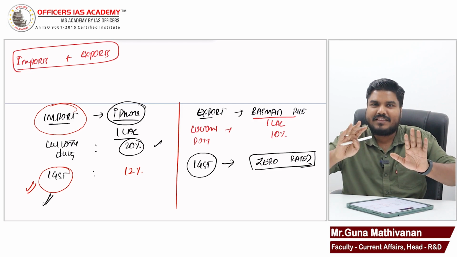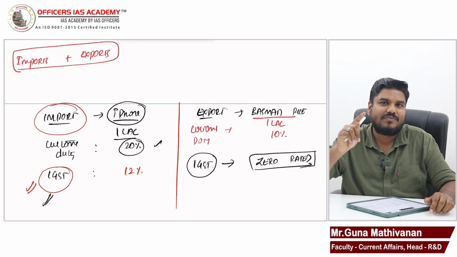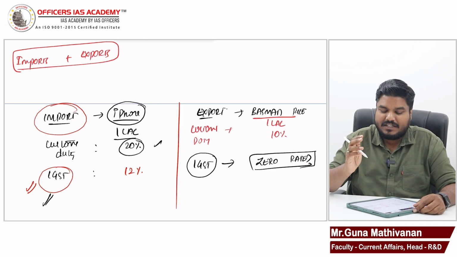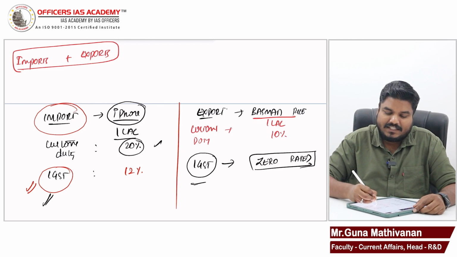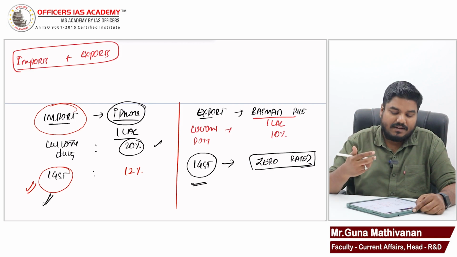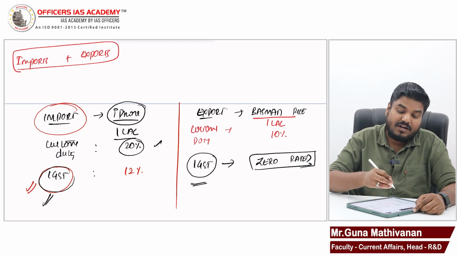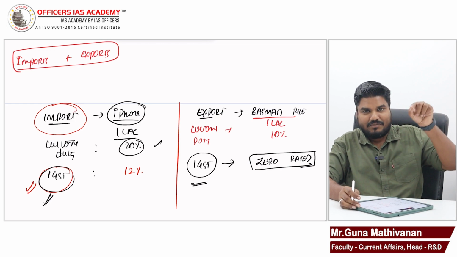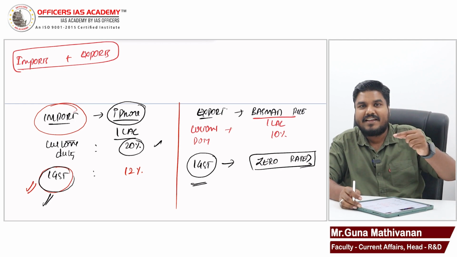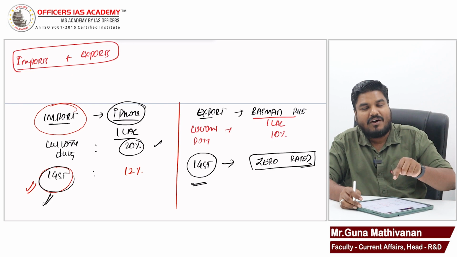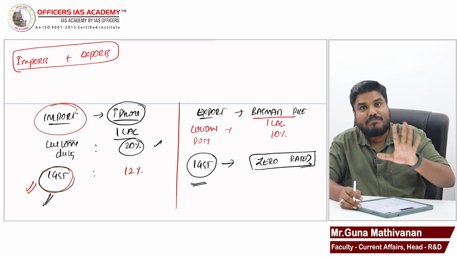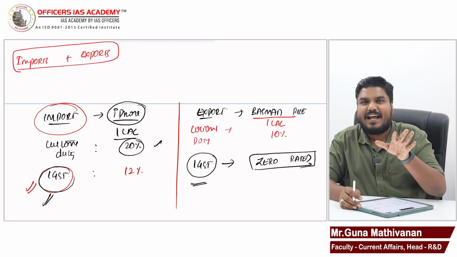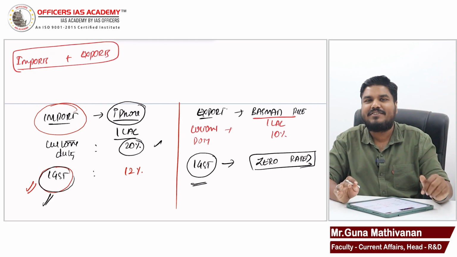As of now, the IGST part we have made 0, to boost our exports. The government is not imposing IGST on exported items, but we are imposing IGST on imported items. So IGST is imposed on interstate trade, and on exports and imports also, right? But for exports, IGST, as of now, we have made it 0.